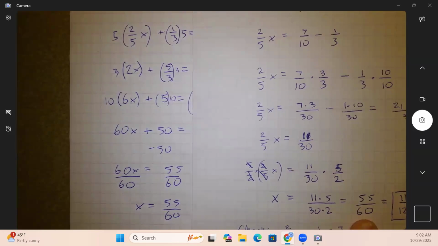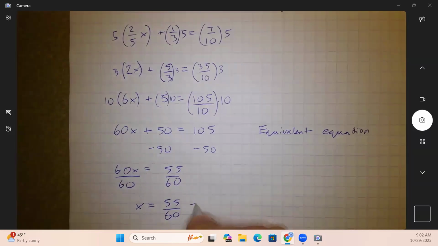I did more work on the front end. I laid all my tools out so that the actual work would be a little bit easier. And we still want to reduce this. It's 11/12. You are absolutely welcome to use this method every time you solve an equation involving fractions.